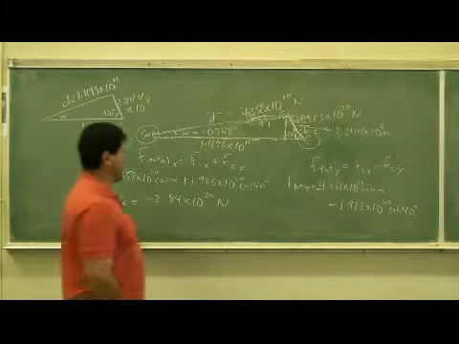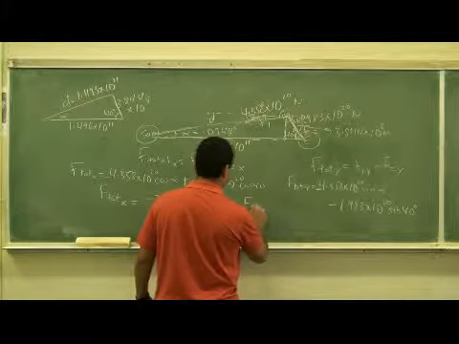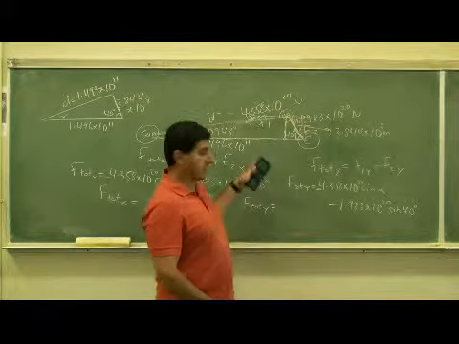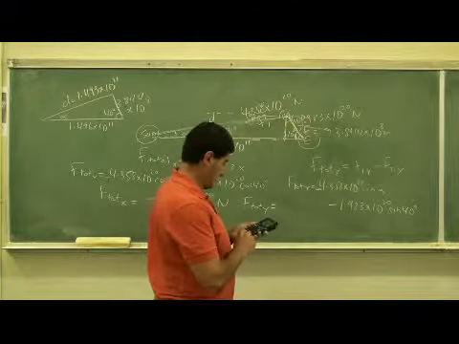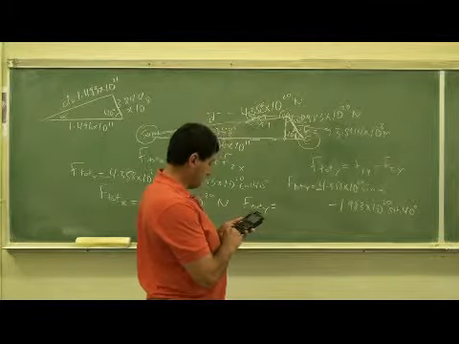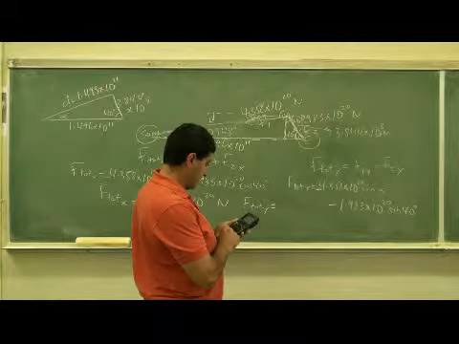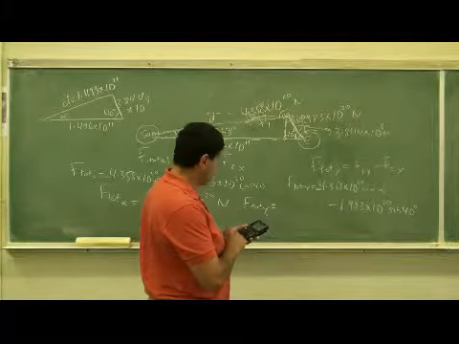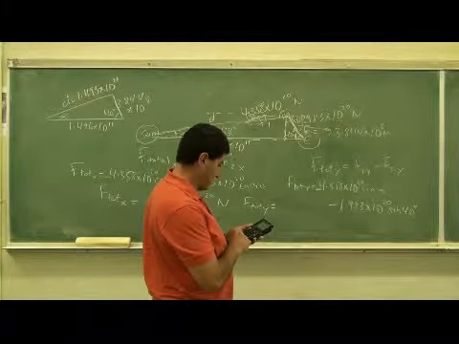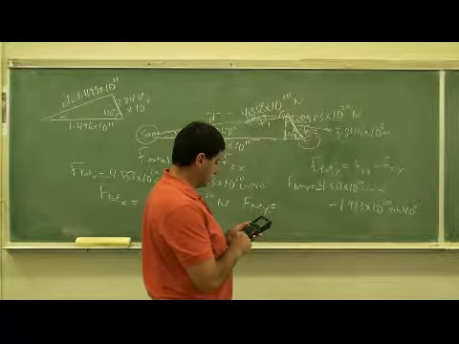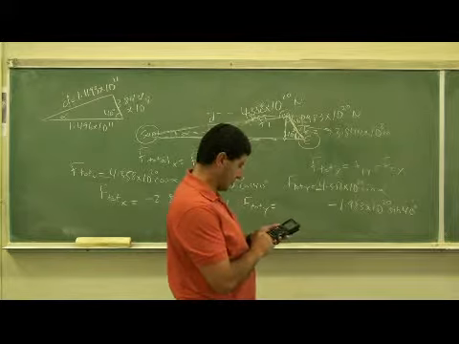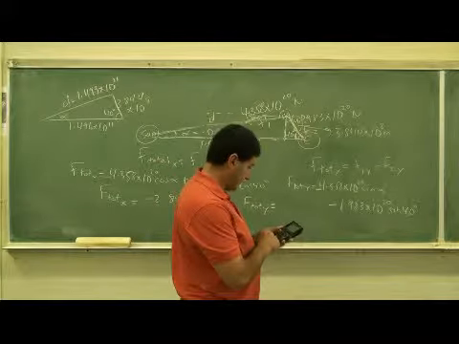Okay? And then F total y, the y direction, they're both negative. So I simply go negative 4.358 sine of 0.0948 minus 1.983 sine of 40.